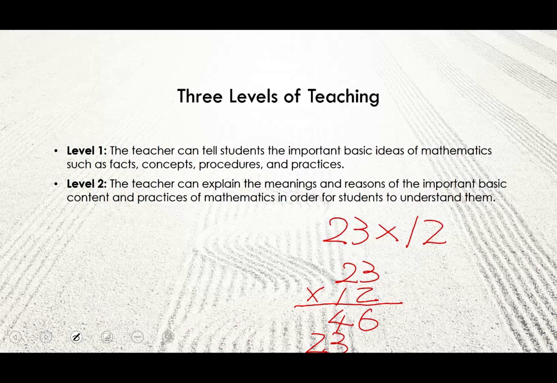However, some students say, well, teacher, when we add 23 and 12, we only did 2 calculations. Why do we have to multiply 4 times? A level 1 teacher says, oh, don't worry about it, just do it. That's the way you have to do this. But a level 2 teacher can explain why these are important.